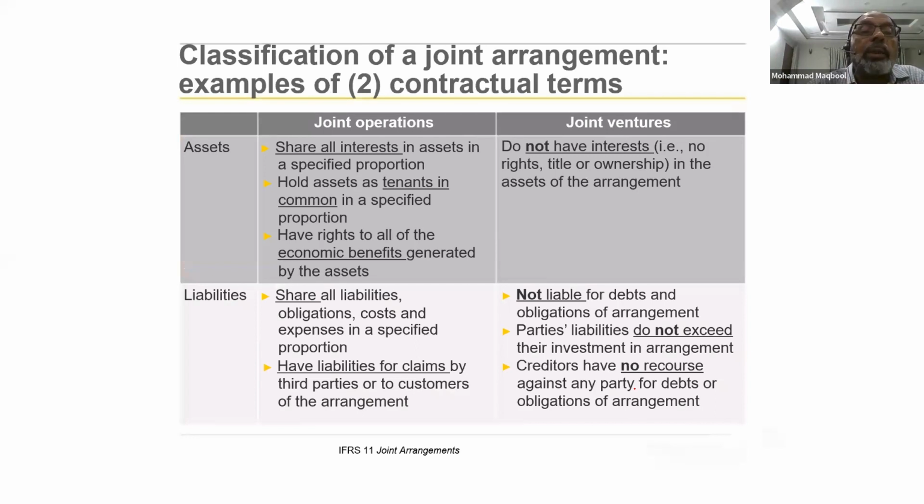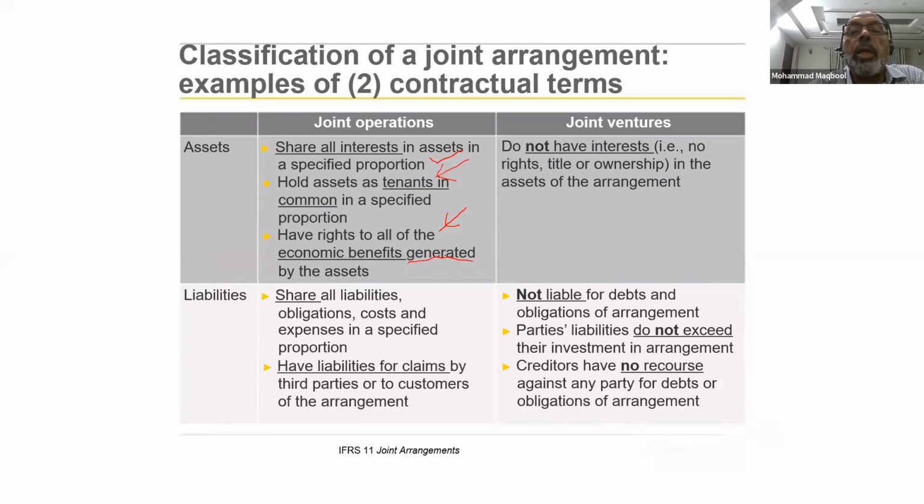As far as assets are concerned, the parties will share all the interest in the assets in a specified proportion, like in plant and machinery, in land, in building, right? They are holding the assets as tenants in common and have the right to all the economic benefit generated from the assets.